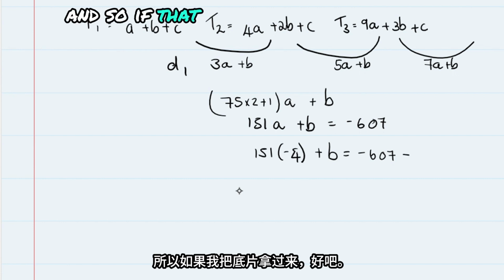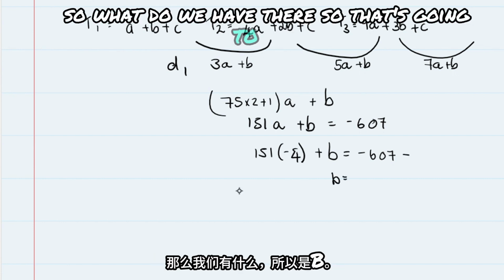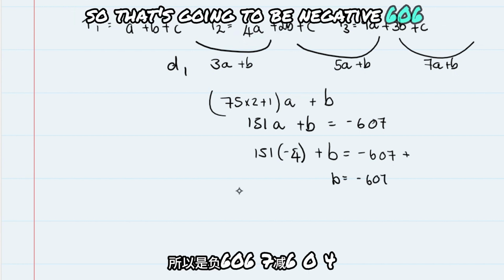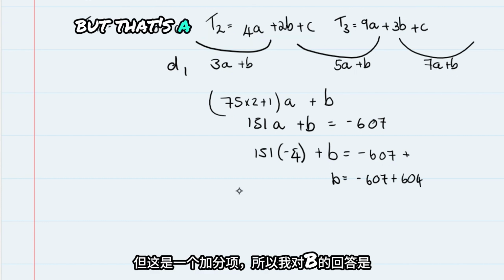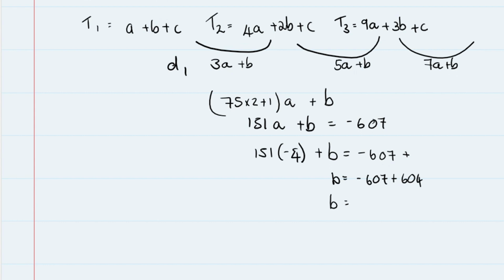And so if I take the negative over, what do we have there? That's going to be B, and then I'm going to subtract on both sides, so that's going to be negative 606, 17 minus 604, but that's a plus. So my answer for B is negative 3.